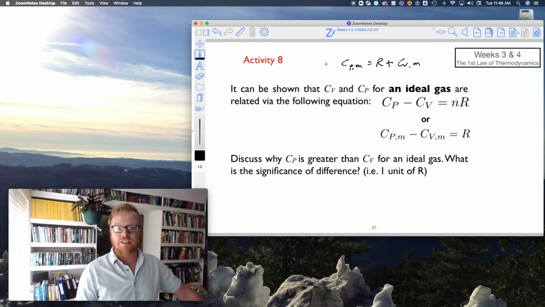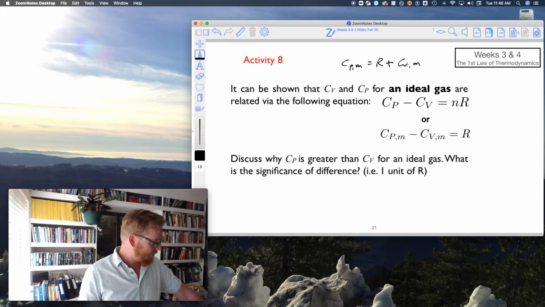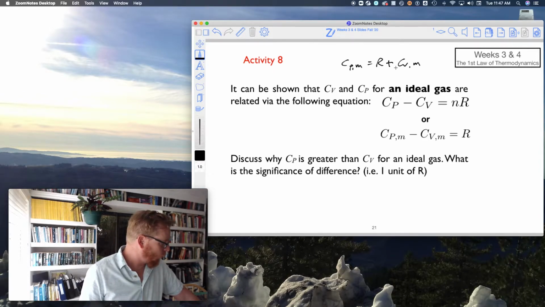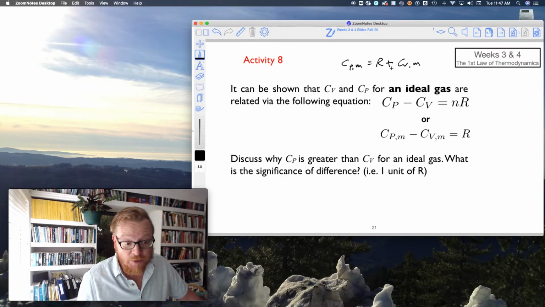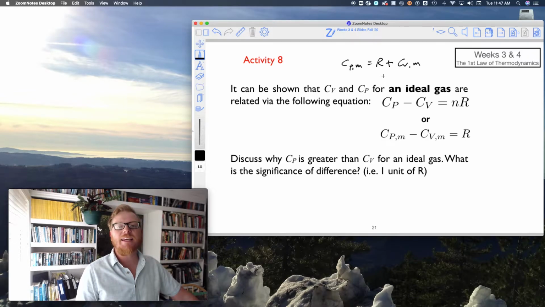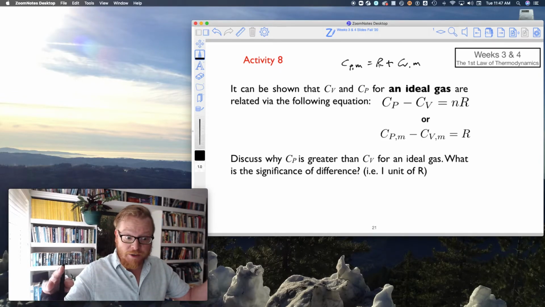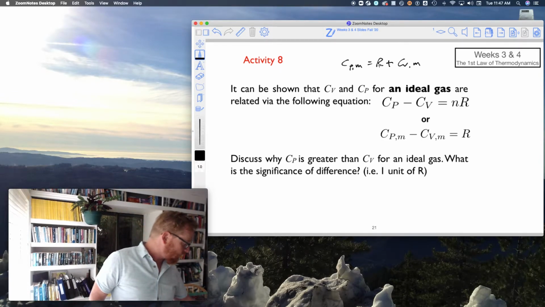The reason for CP being greater than CV is because most systems expand when heated, particularly at constant pressure. Such systems will do work on the surroundings. As something is expanding as it's being heated, it's doing work on its surroundings.